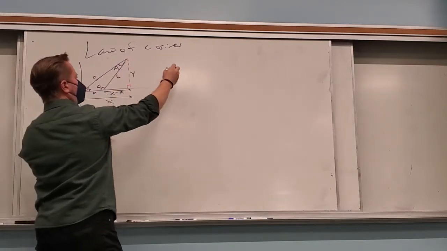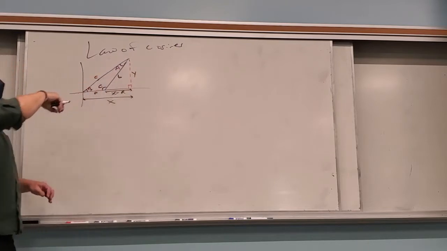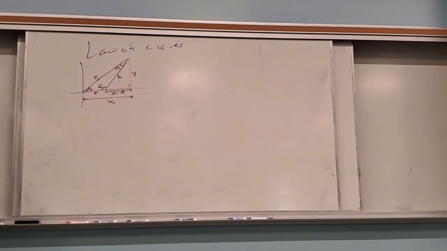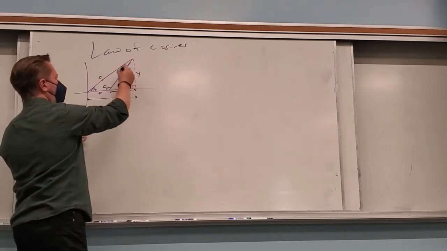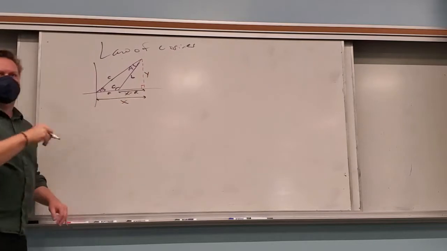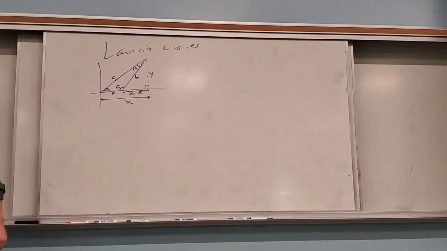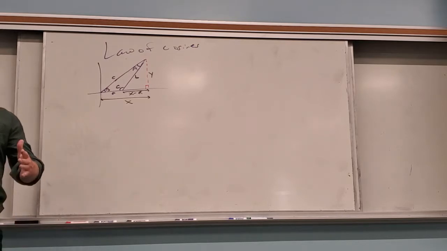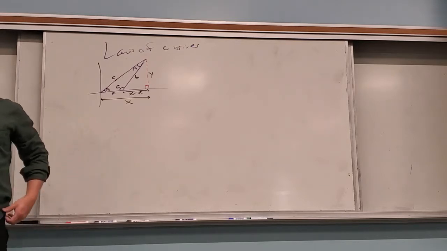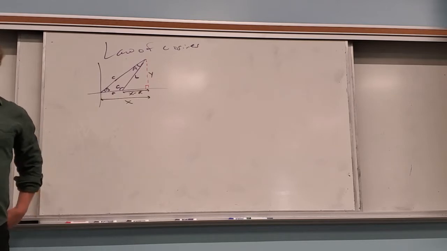This triangle here, how do the sides relate? What kind of triangle is this? Right triangle. How do the sides relate? Old Greek dude comes in and says, I got you. If it's a right triangle, what can be used? Pythagorean theorem. I love it.